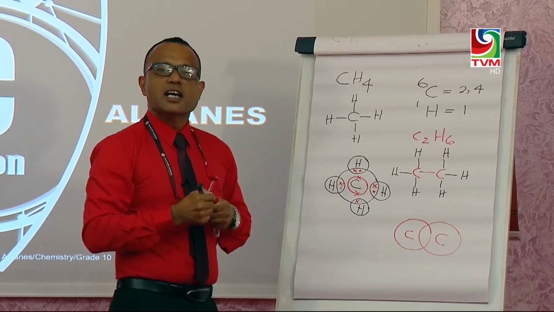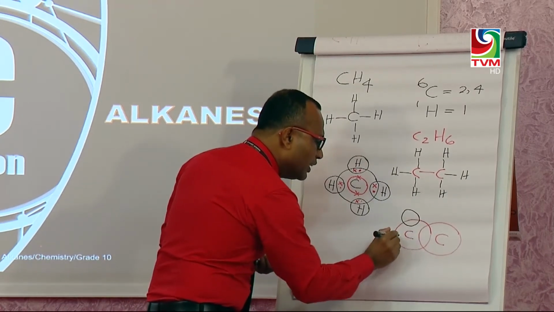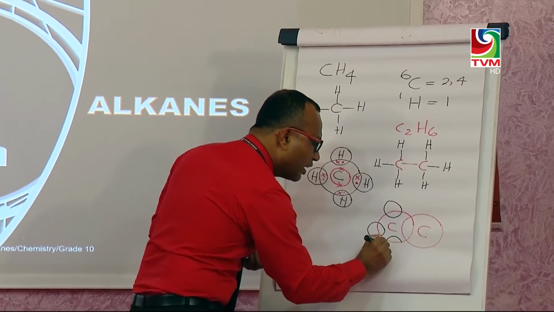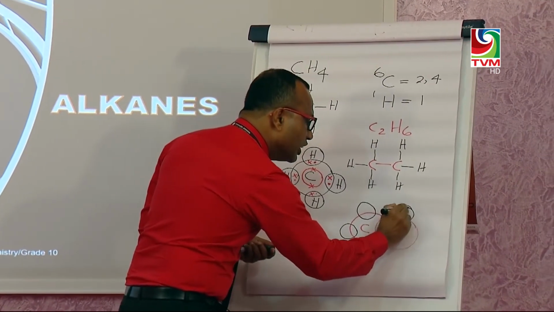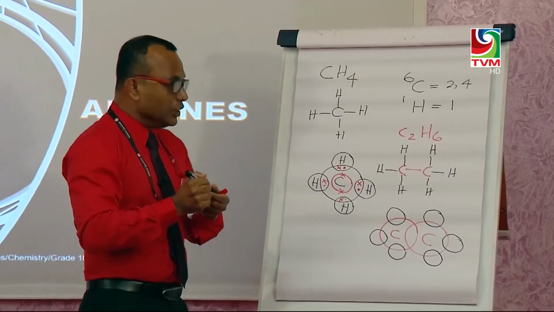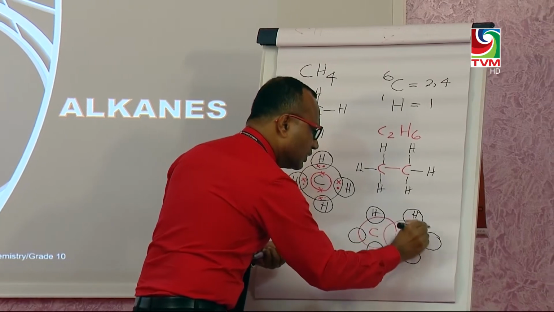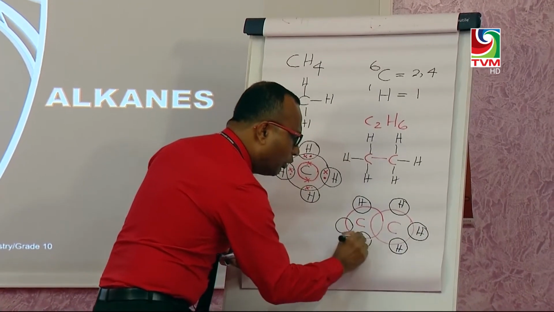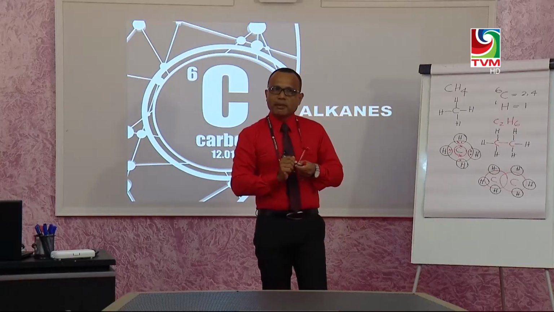It means I must draw 3 circles to accommodate 3 hydrogen on this carbon. Same on the other carbon, 3 circles to write hydrogen. So I write hydrogen in these places: 4, 5, 6.